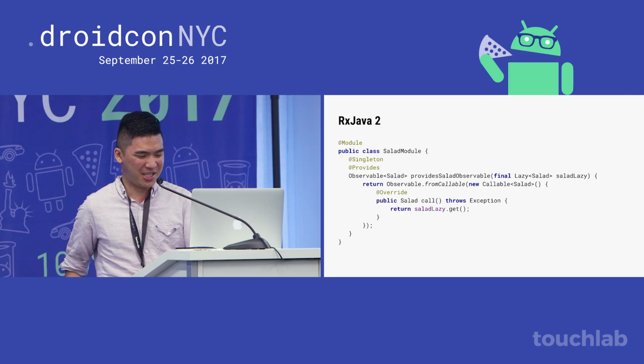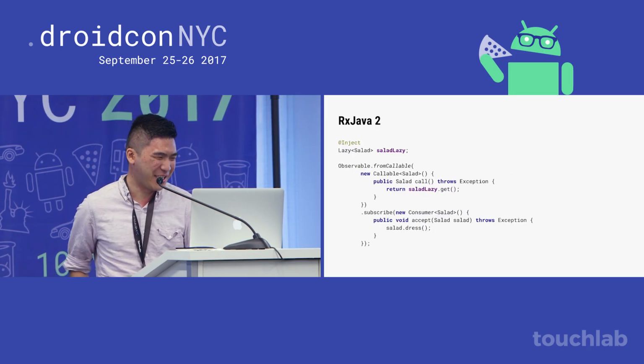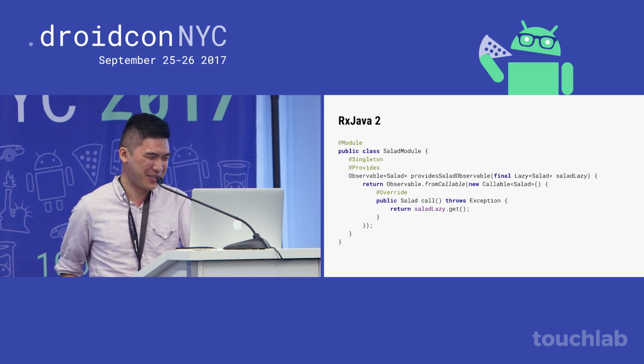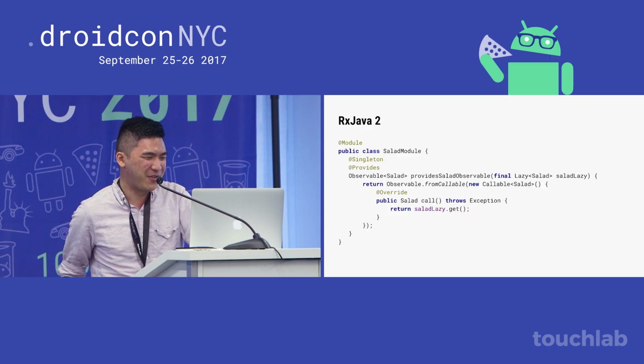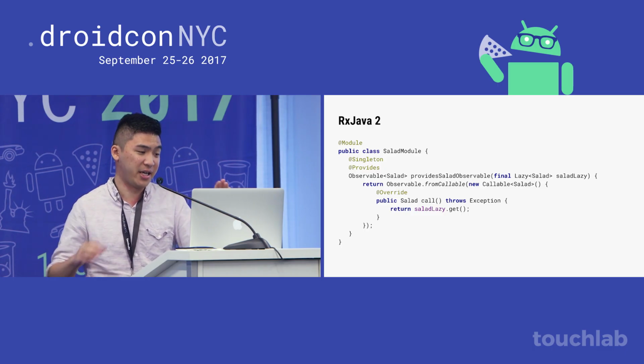So also, you probably wouldn't want to write all this code every single time you wanted to get a salad asynchronously. So another way of achieving this is to make your salad module have an observable salad.